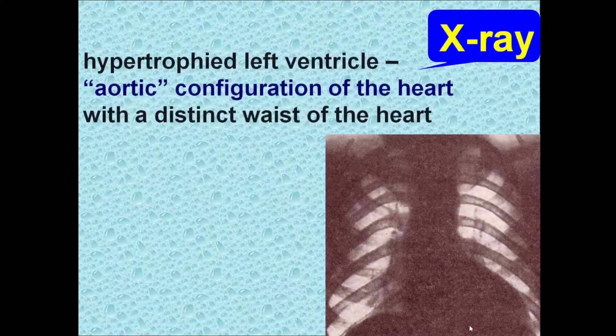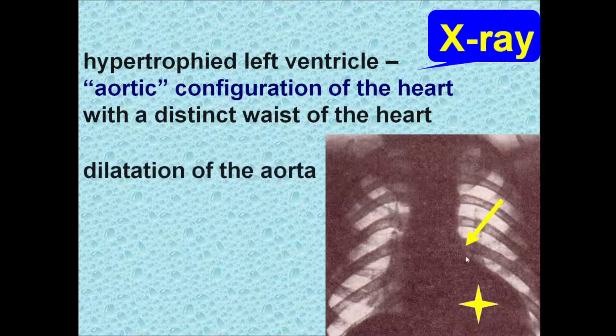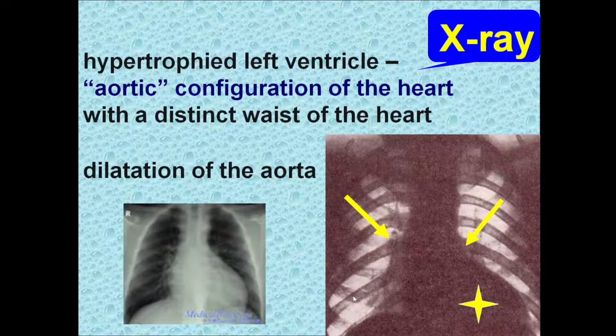On X-ray examination, aortic heart configuration due to hypertrophy of the left ventricle, and we see the tilt of the heart. Maybe compensatory dilation of the aorta due to comeback blood flow. Also, you see the specific shoe-like aortic configuration of the heart.